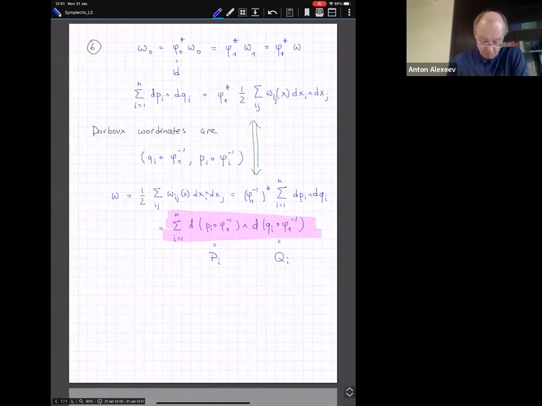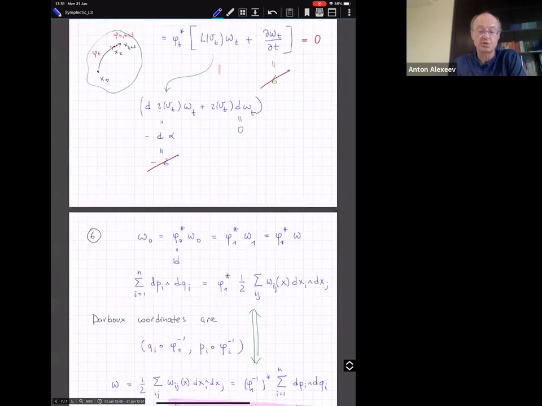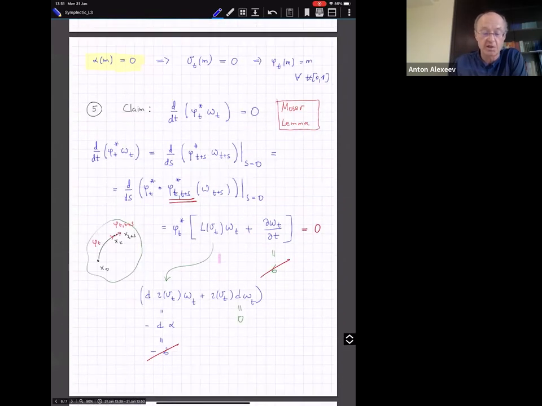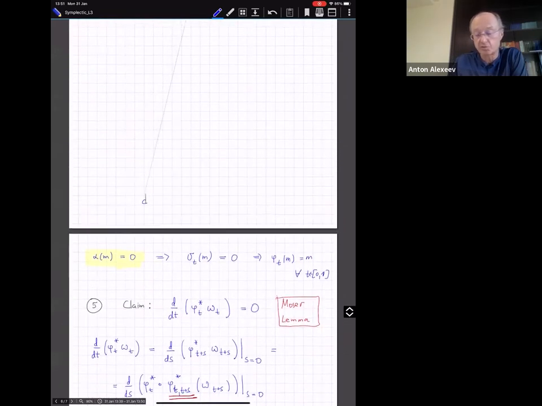I would say the only problem with it is that it's highly non-constructive. You need this map phi 1. And if you really want to construct phi 1, recall you need to invert omega t, you need to construct this VT vector field, and then, which is the worst of all, you need to integrate it.